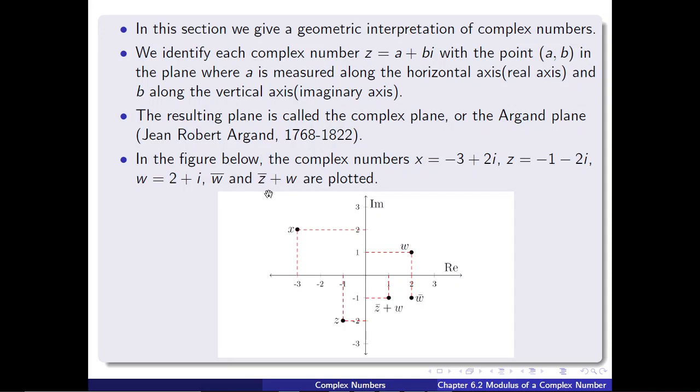And lastly, for the conjugate of z plus w, if we do the calculation, we get that it is equal to 1 minus i. And so we go 1 unit to the right, and then 1 unit down, and then we get the complex number there.